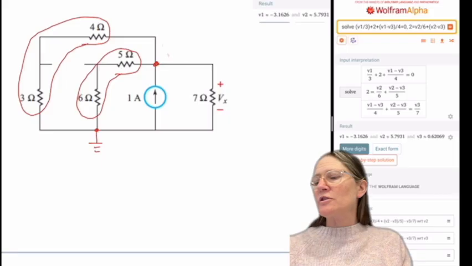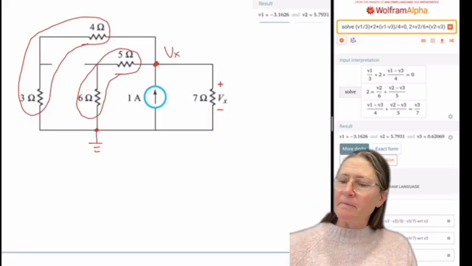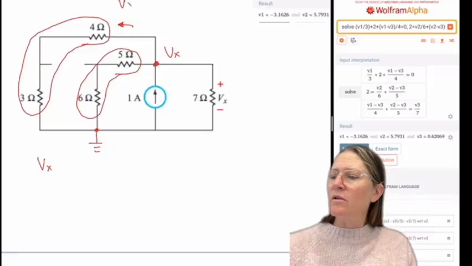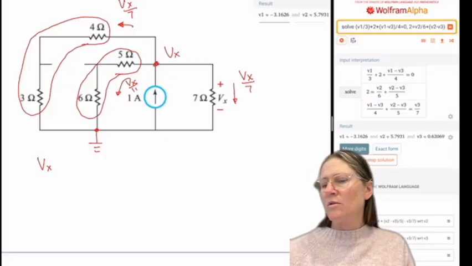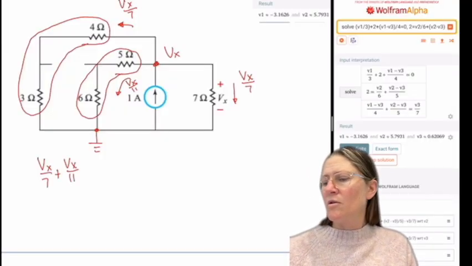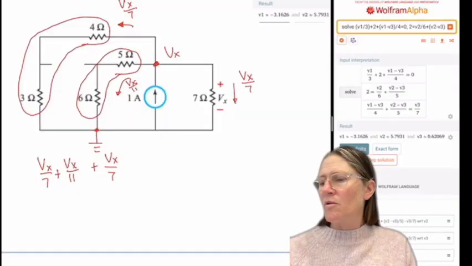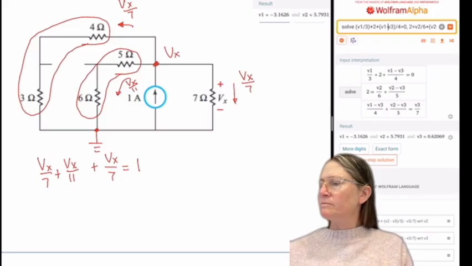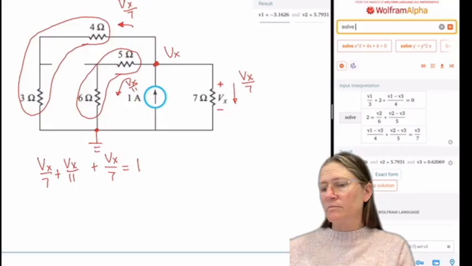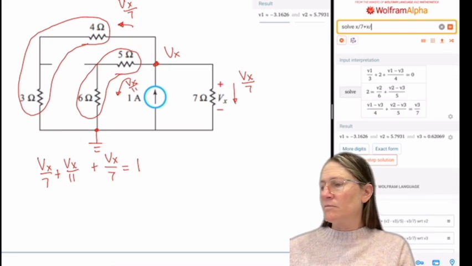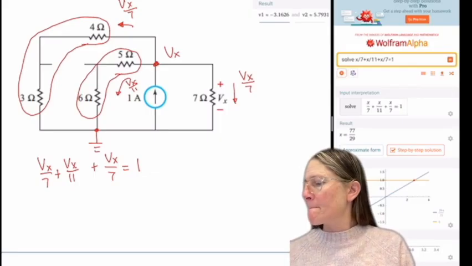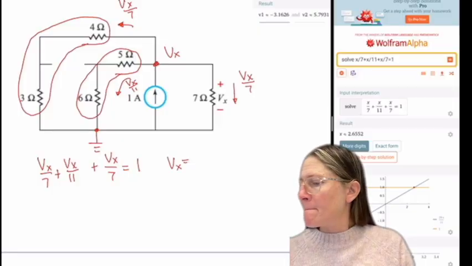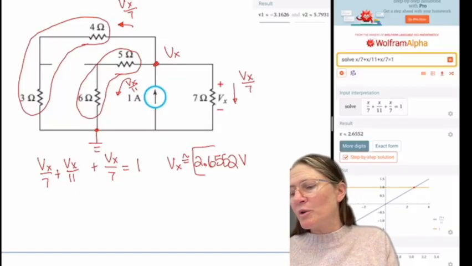And then Vx is actually just this node, so I can just label it as Vx. And that solution gives me Vx is 2.6552.